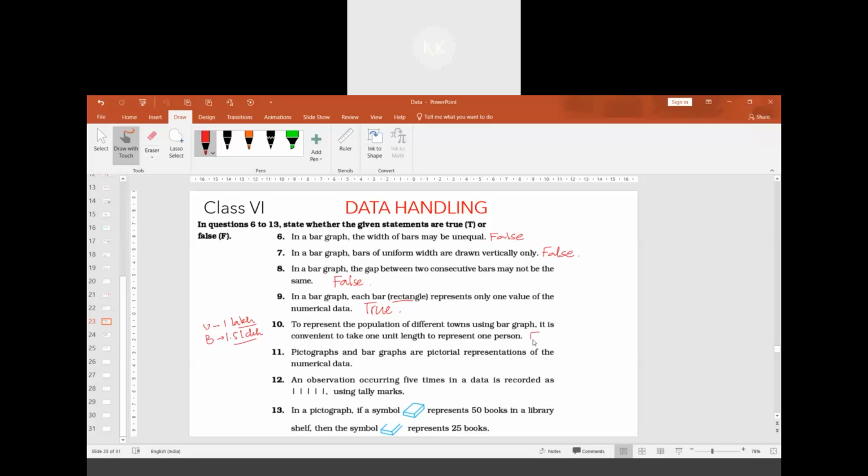So it is false. We have to make it for a town, not for a person. To represent 1,000 kilometers, we cannot have a 1,000 kilometer sized graph paper. It's not possible. So only we are using a scale for that.